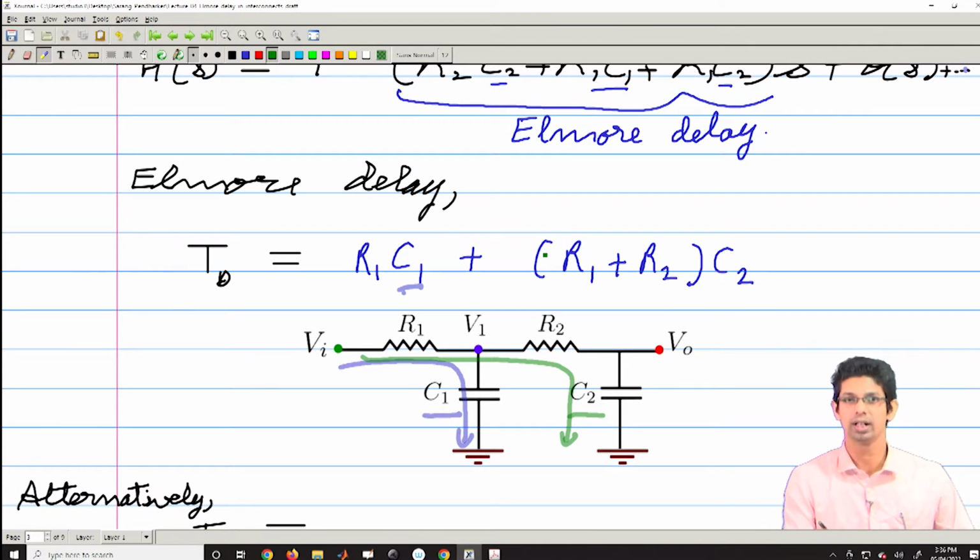The second component you get when you have C2, and C2 is charged by R1 plus R2. This is one way of looking at this. You take the base as your capacitors, and then look at what were the resistors that were charging this capacitor, and it looks like there is a superposition, or the addition of time.